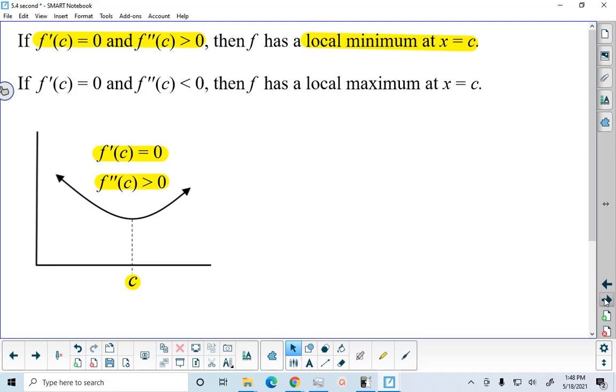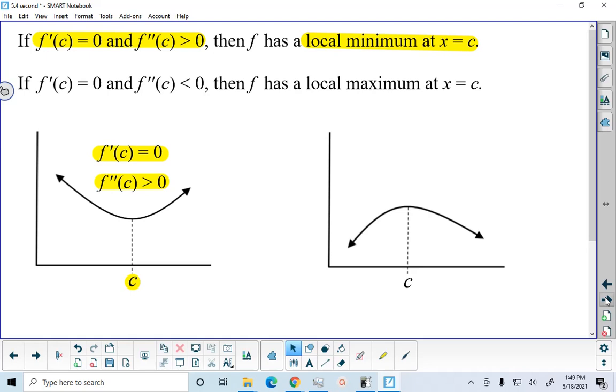The other half is the opposite. What if the first derivative is 0, but the second derivative is negative? Well, if the second derivative is negative, then it's concave down. And that leads us to the conclusion that there must be a maximum there.